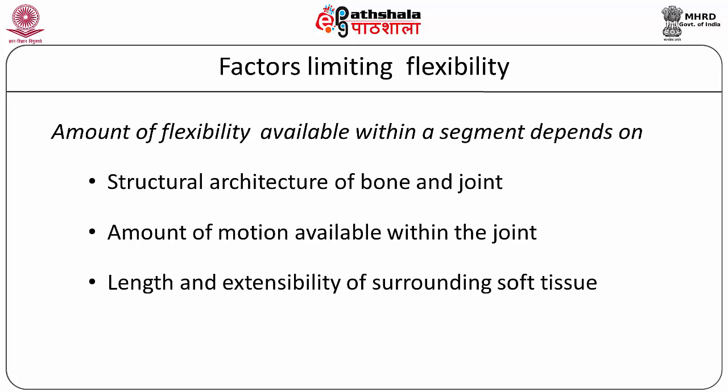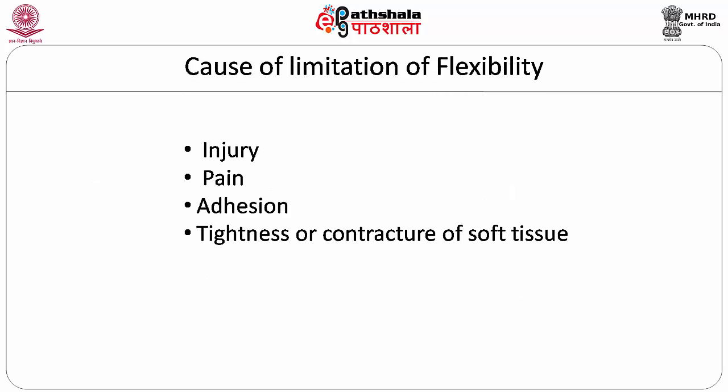The range of motion available within the joint depends primarily on three factors: structural architecture of bone and joint, amount of motion available within the joint, and the length and extensibility of surrounding soft tissue. The restriction to the anatomically permissible range of motion may result because of injury and pain, adhesion, and tightness and contracture of the soft tissue surrounding the joints.